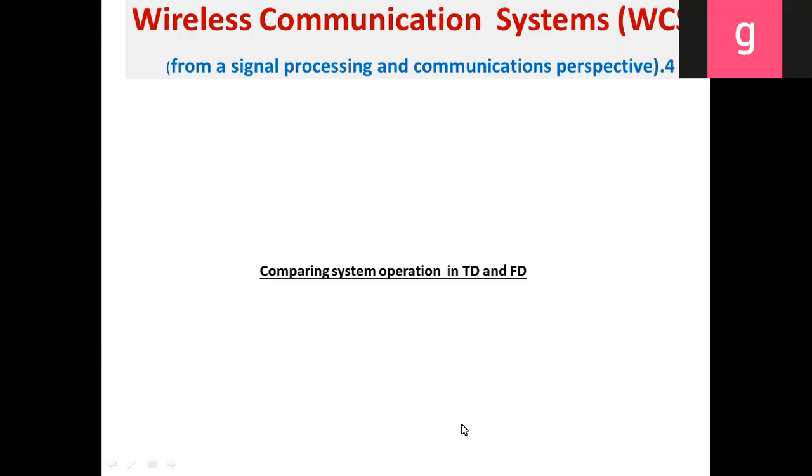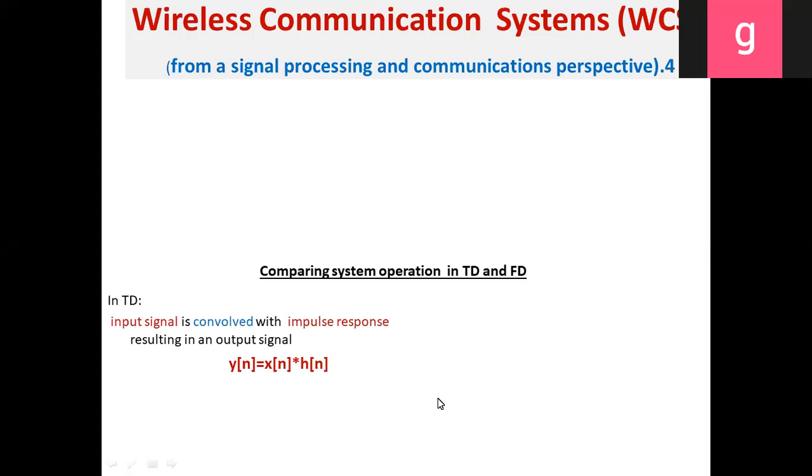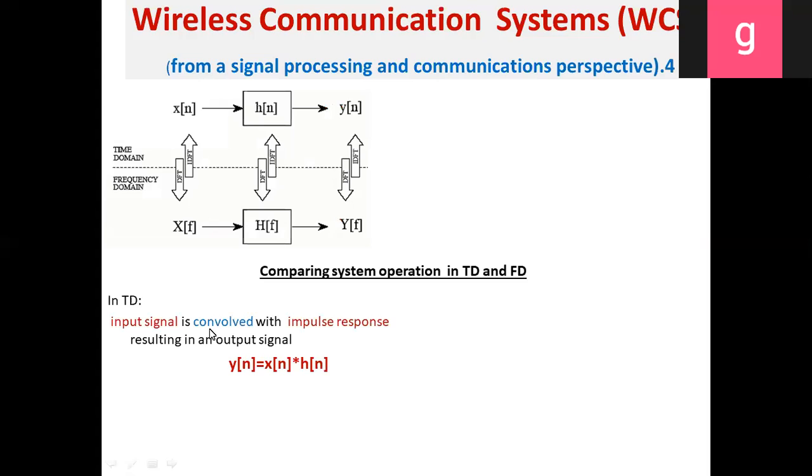So now let me compare the system operation in the time domain and frequency domain. In the time domain, you can see here, the input signal is convolved with the impulse response, as in the previous slide, represented in the convolution operation.